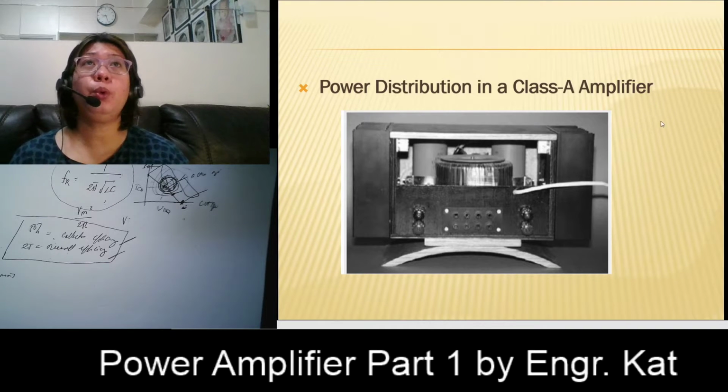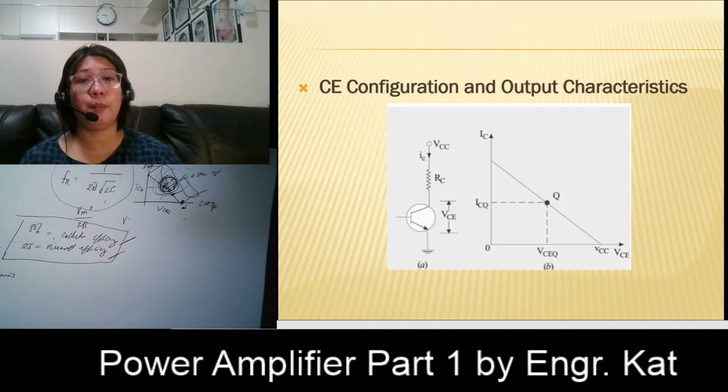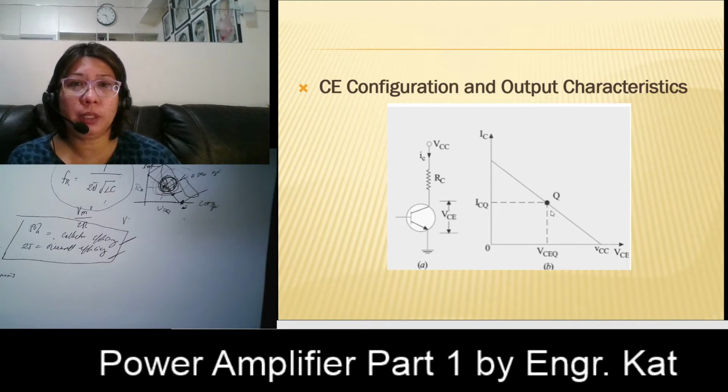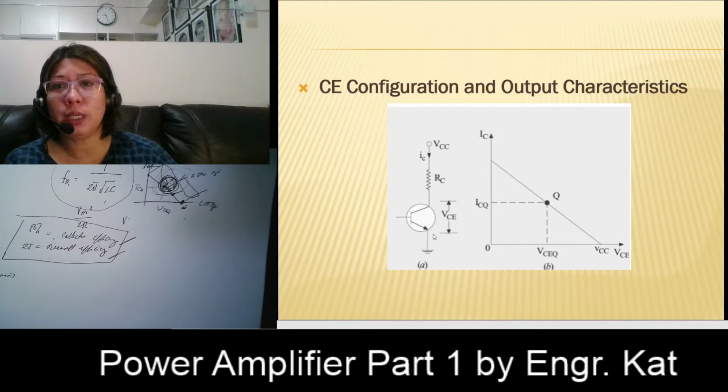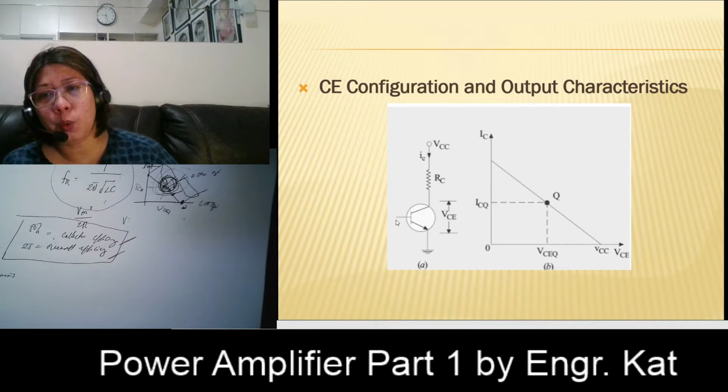Let us now discuss the power distribution in a Class A amplifier. This is a common emitter configuration and the output characteristic. As you can see, this is a common emitter configuration because your emitter is grounded.